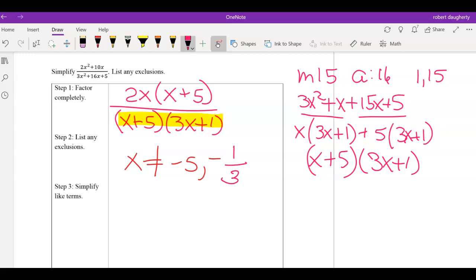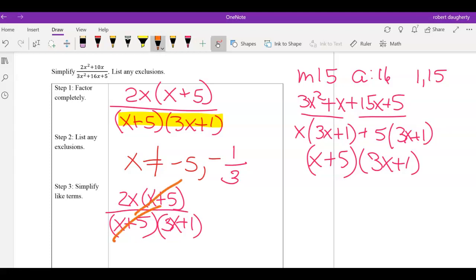And now in order to simplify this, what do I have? 2x times x plus 5 over x plus 5 times 3x plus 1. So you know that x plus 5 over x plus 5 is 1. This simplifies to 2x over 3x plus 1.